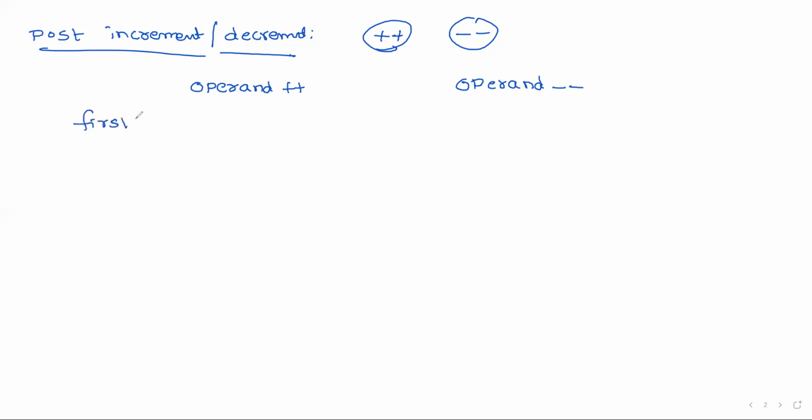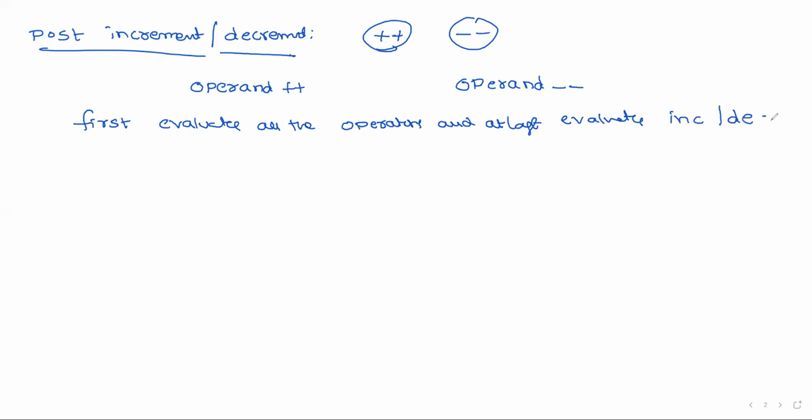In the expression, it first evaluates all the other operators and at last evaluates the increment or decrement, that means the post-increment or post-decrement. For example, a is equal to 5, a plus plus. What is the value of a? a is equal to 6.